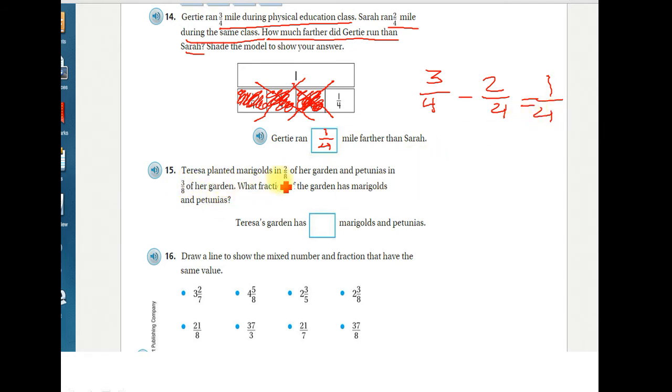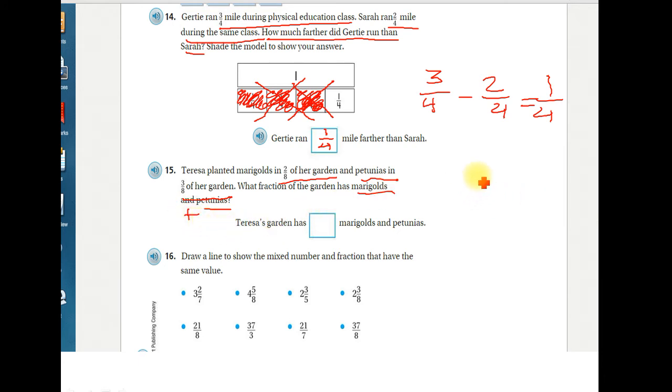Teresa planted marigolds, that's a type of flower, in 2/8 of her garden, and petunias, another type of flower, in 3/8 of her garden. What fraction of the garden has marigolds and petunias? So that word and means we're going to be adding.